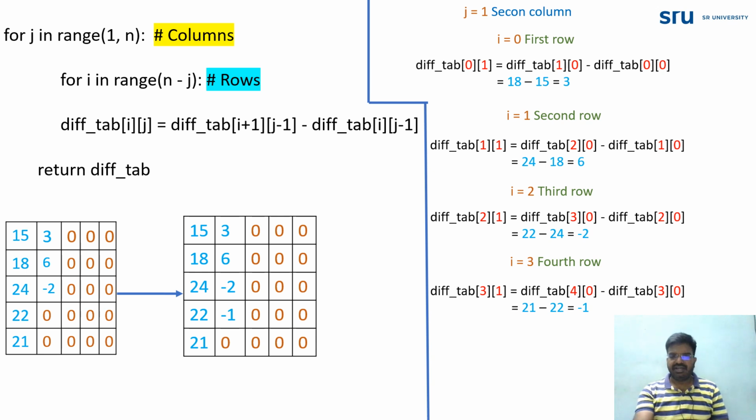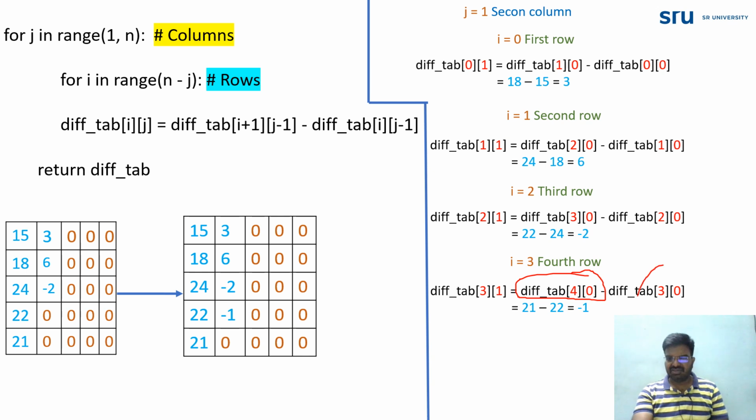Now i takes 3, which means it is the fourth row. We are finding the difference in the fourth row. Look at this. What is the difference? 21 minus 22. When we put i equal to 3 and j equal to 1, you can see 4, 0. 4, 0 means fifth row, first column. Fifth row, first column means it is 21.